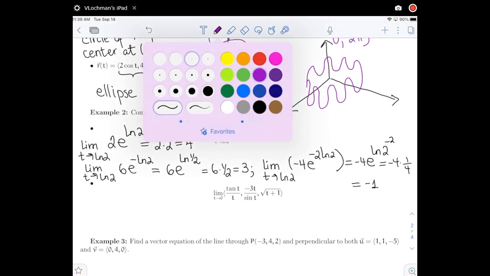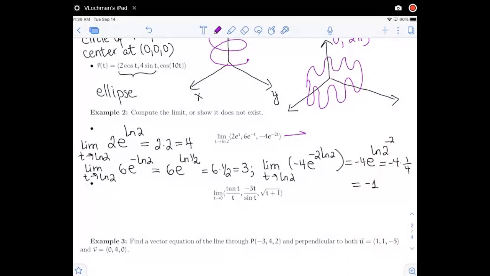So the final answer is a vector. The limit does exist. It's a vector with components 4 for the first one, 3 for the second, and -1 for the third one. Okay, that's our answer. Let me highlight it.